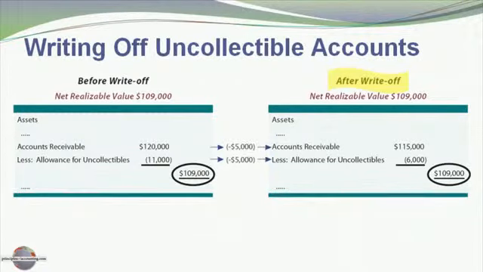It's $115,000 gross accounts receivable, but now the allowance account is only $6,000. So it really has no effect on our net values on the balance sheet either. So the write-off, it's not a non-event in the true sense of the word, but it's a non-event from an accounting context because the effect of the bad debt was captured back when the allowance account was established concurrent with the sale recording.